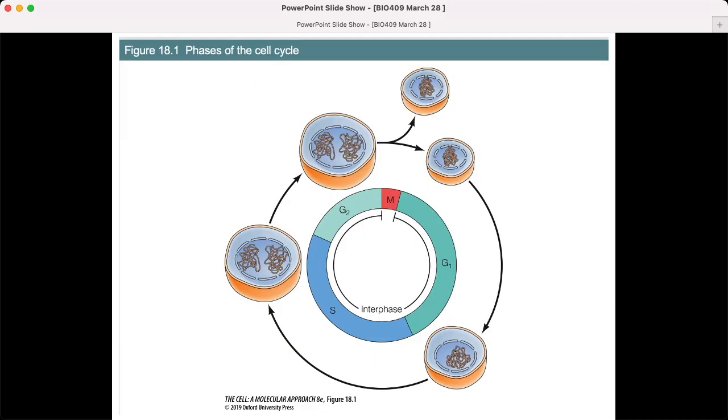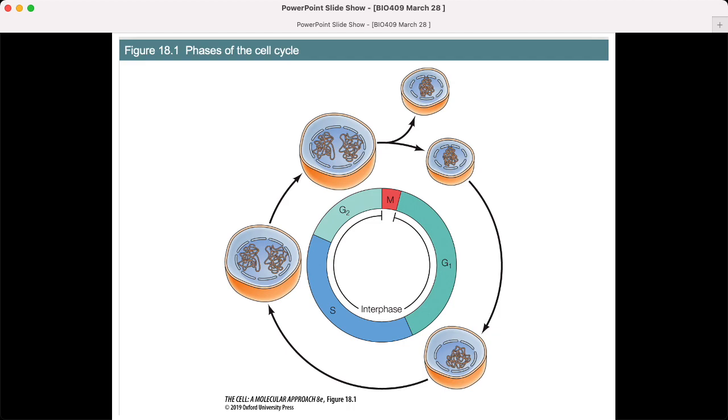Okay, so just to look a little bit more at the phases of the cell cycle, I just want to add a couple of words here, and that is that we start in G1, and when the cells are arrested at G1, they really typically have the whole genome, and then they're going to replicate that.